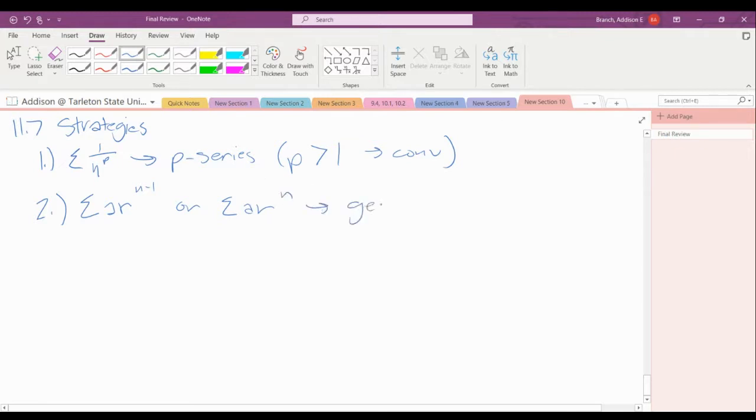Of course, like we said, that's a geometric series, and that one's going to be convergent if the absolute value of r is less than 1. And for that one, they could potentially ask you about your sum. Let me pull up my notes. Your sum for that one will be a over 1 minus r.